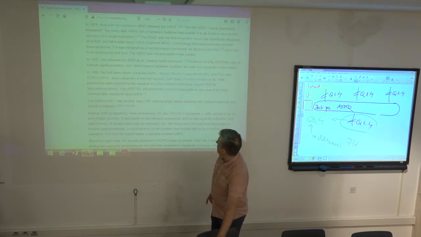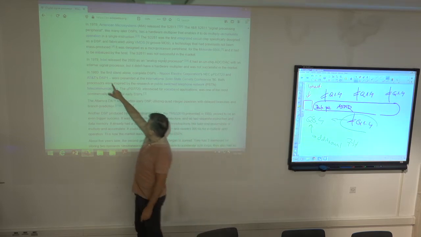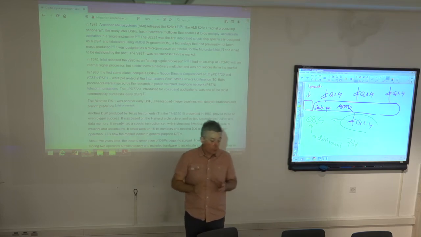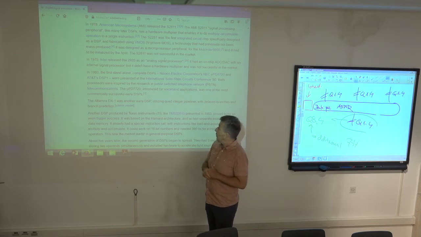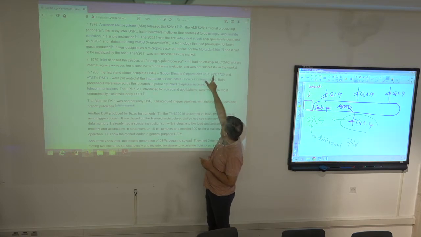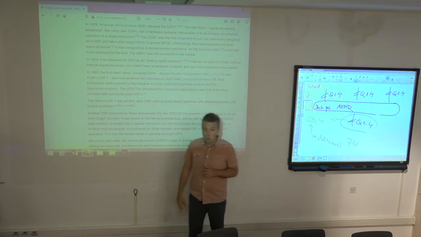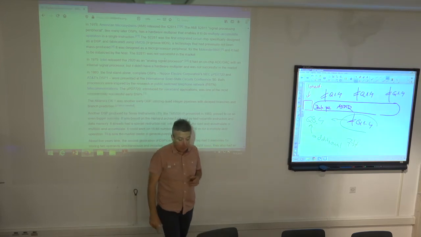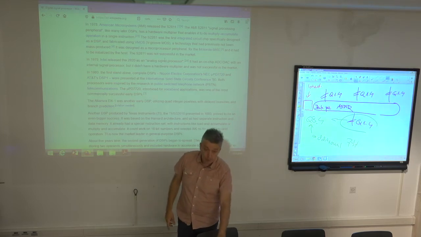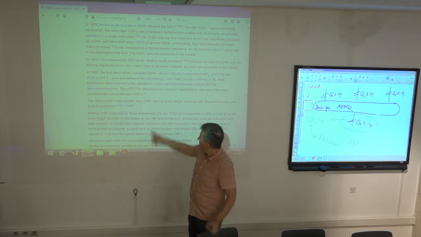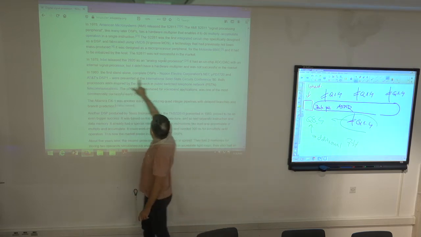In 1980, the first standalone complete DSP, all implemented in a single chip, was the Nippon Electric Corporation NEC Micro PD 7720, and the one from AT&T, Bell Laboratories, at that time the largest telecom company in the US, the DSP-1.